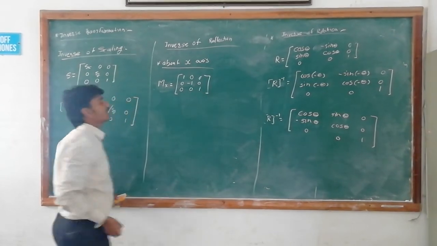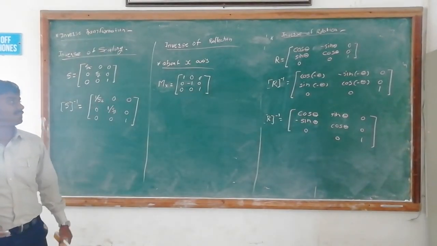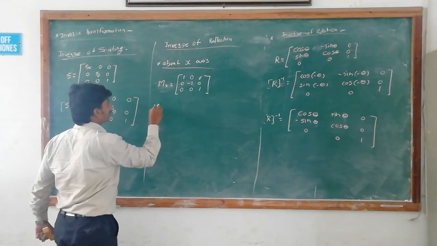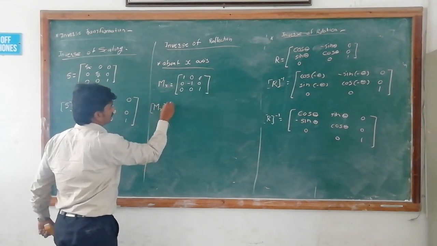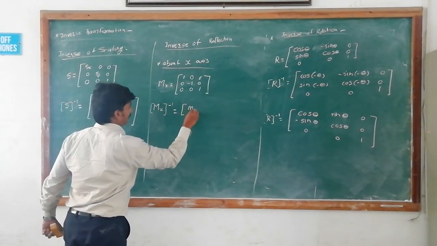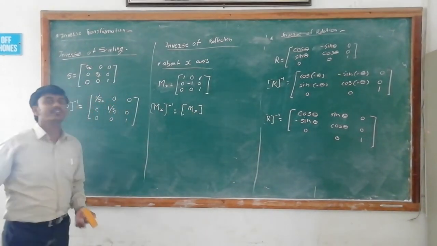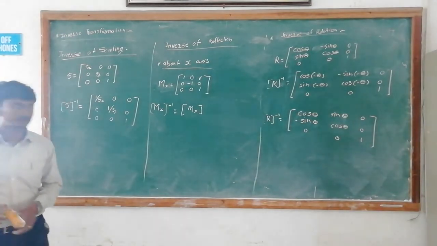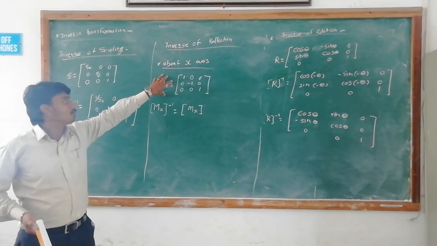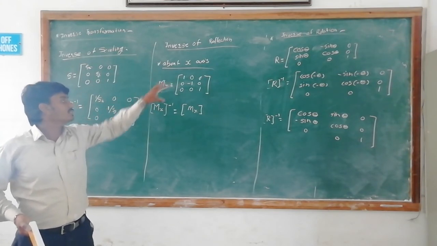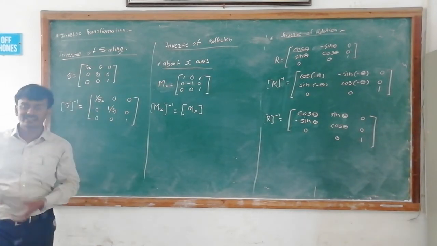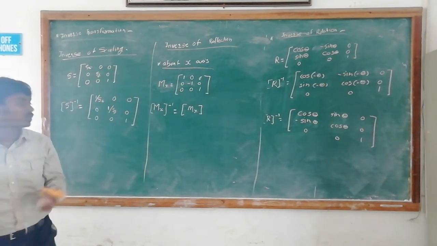So this is the reflection matrix about the x-axis. The inverse of this matrix is the same, meaning the inverse of the reflection matrix Mx is the same as the value of the reflection matrix about the x-axis.